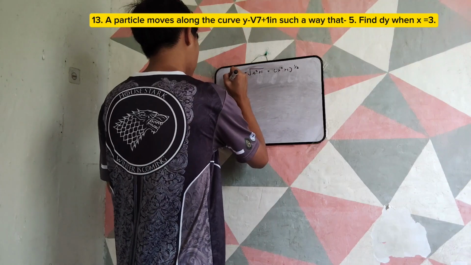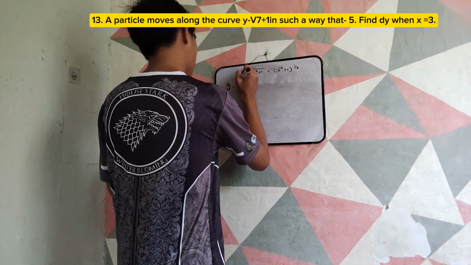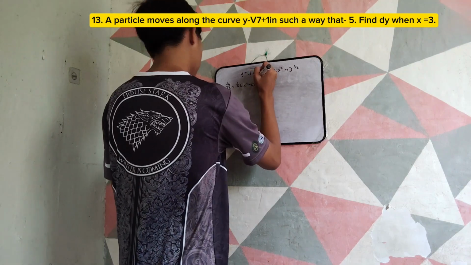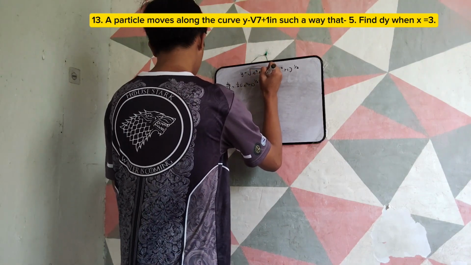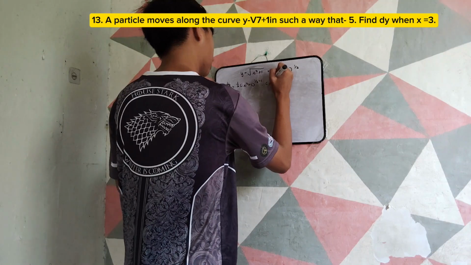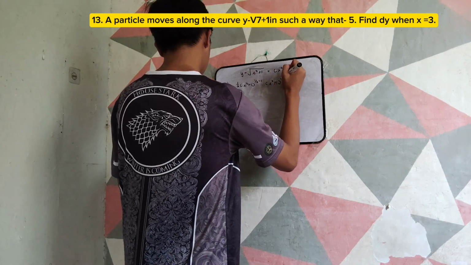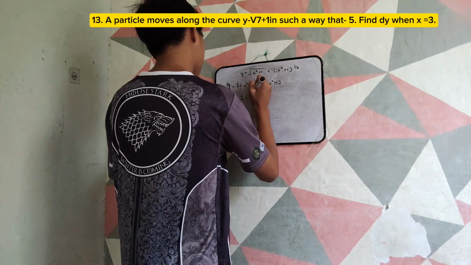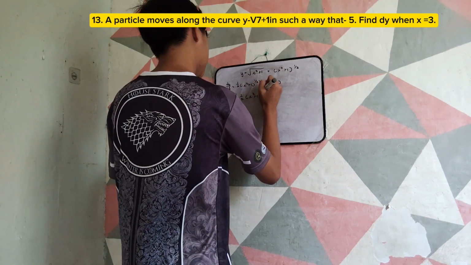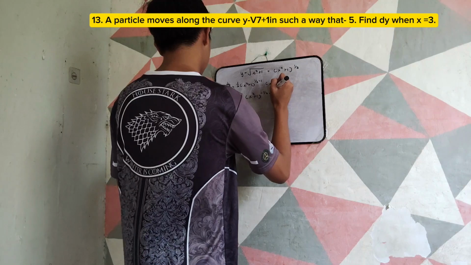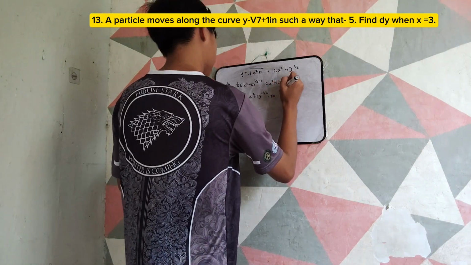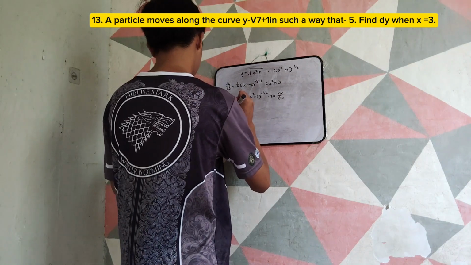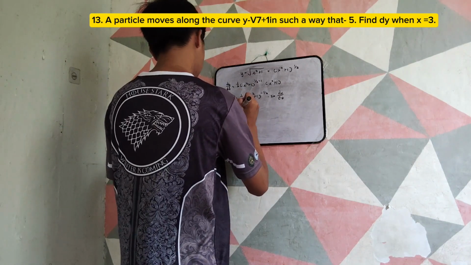So dy over dt equals 1/2 times x squared plus 1 raised to 1/2 minus 1, which is 1/2 times x squared plus 1 raised to negative 1/2, times 2x dx over dt.